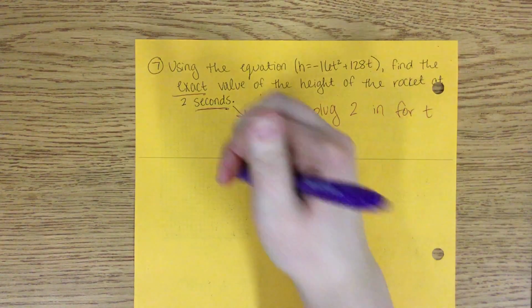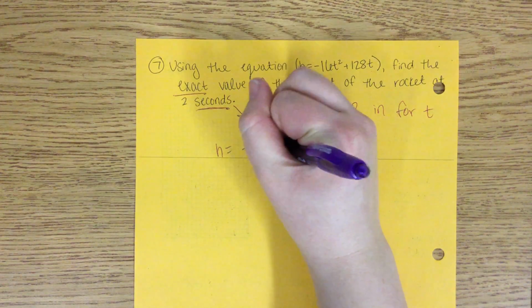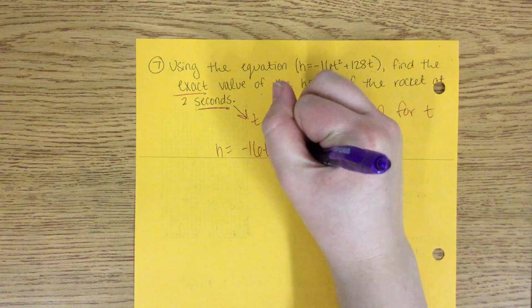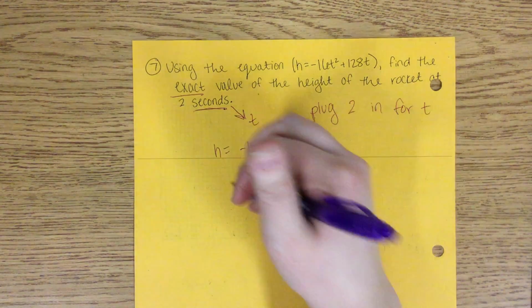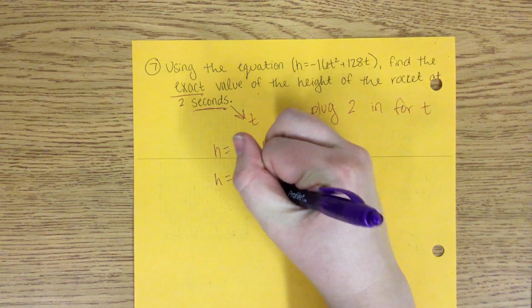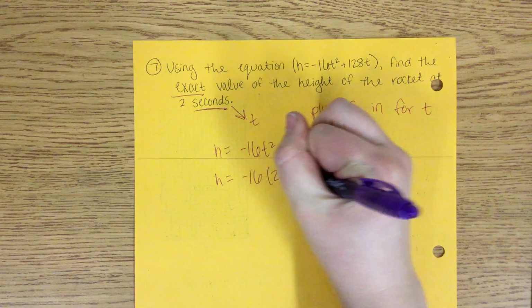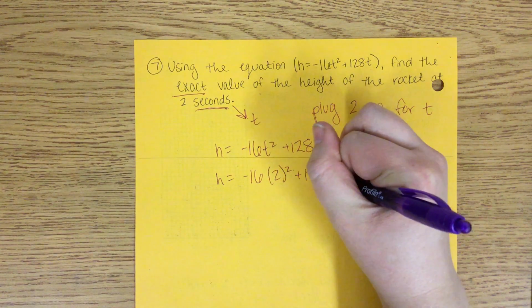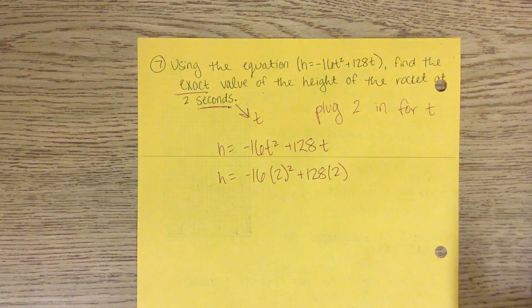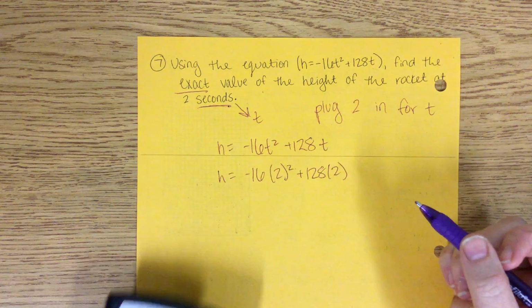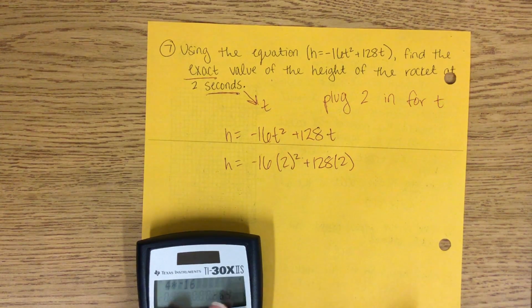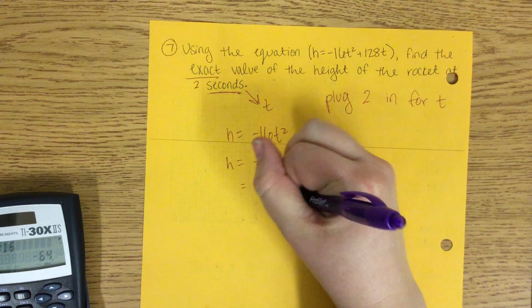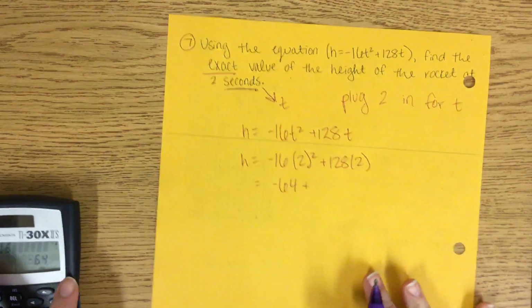All right, so I have my equation up here. h equals negative 16t squared plus 128t. So anywhere I see a t, I'm going to replace it with a 2. So negative 16 times 2 squared plus 128 times 2. I know 2 squared is 4. And 4 times negative 16 is negative 64.